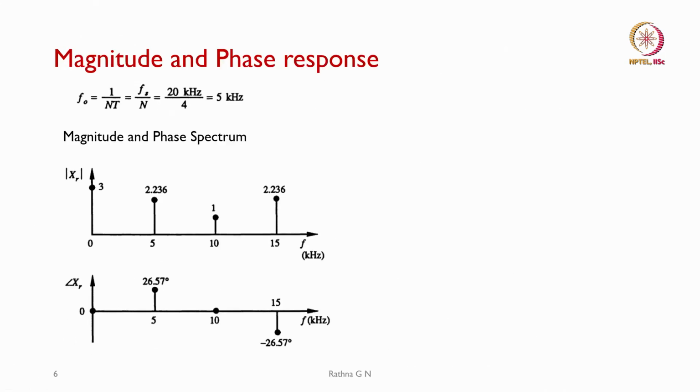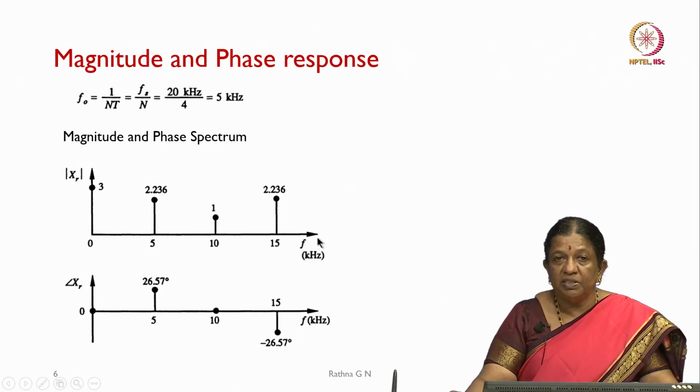So, now we will see how the magnitude and phase response is going to look. We have been given the sampling frequency Fs as 20 kilohertz, and our N is 4. So, if I substitute Fs by N, it is nothing but 5 kilohertz. So, we will be seeing that the f axis will have points of 0, 5, 10 and then 15 kilohertz. So, we have 4 points for our magnitude.